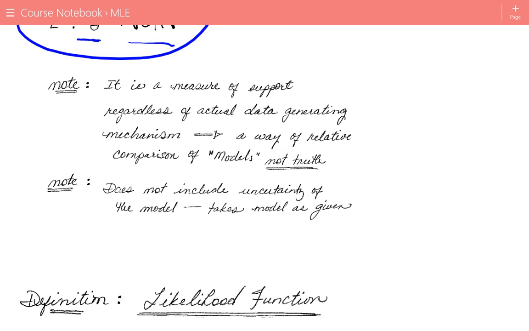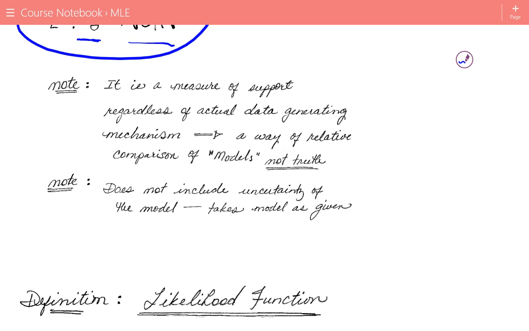Now you can use various tests to compare models, but we don't actually know what the underlying data generating process model is. So from that perspective, it really is a measure of how well the data are being captured by a particular posited model.